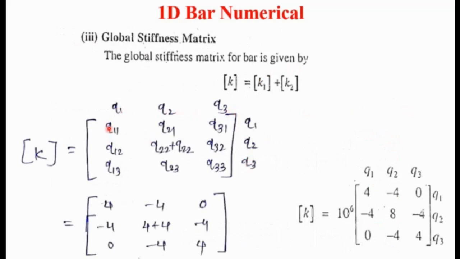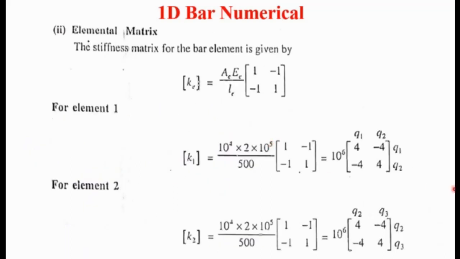The Q22 entry of the first matrix is added to the Q22 entry of the second matrix, so this 4 plus this 4 is added here.